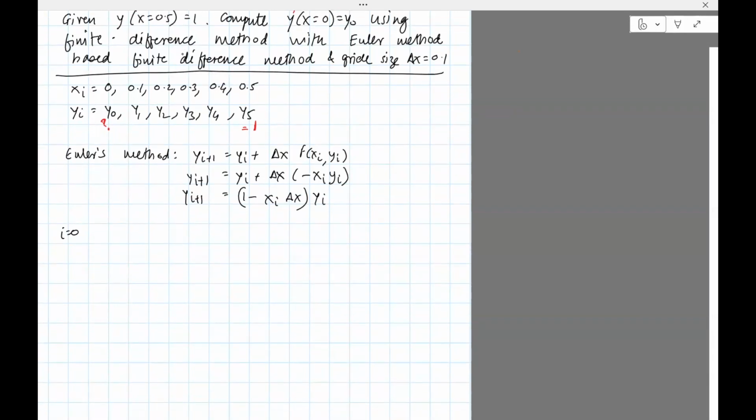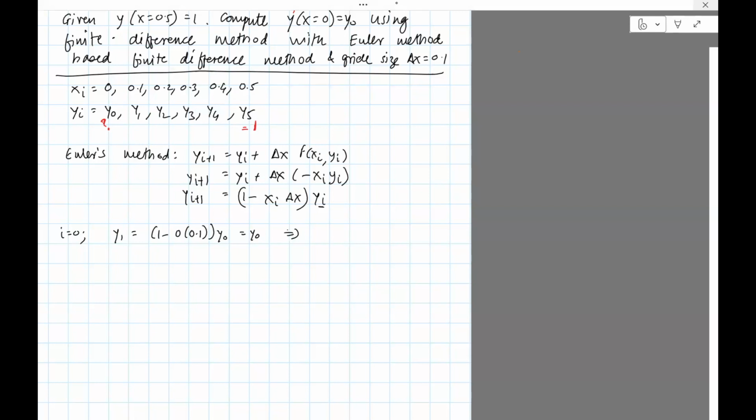Okay, so let's now compute the equations relating the different y's, which are now our unknowns. So i equals 0. I just put i equals 0 in this formula. So y1 equals 1 minus x0 delta x times y0. x0 is 0, delta x is 0.1, so this whole thing comes out to be y0.